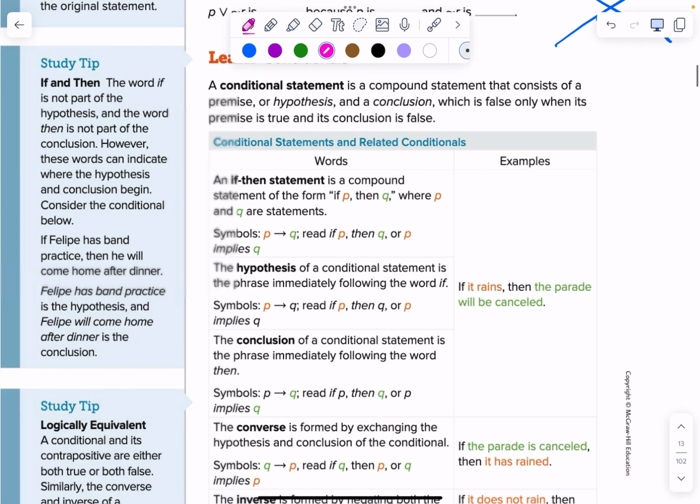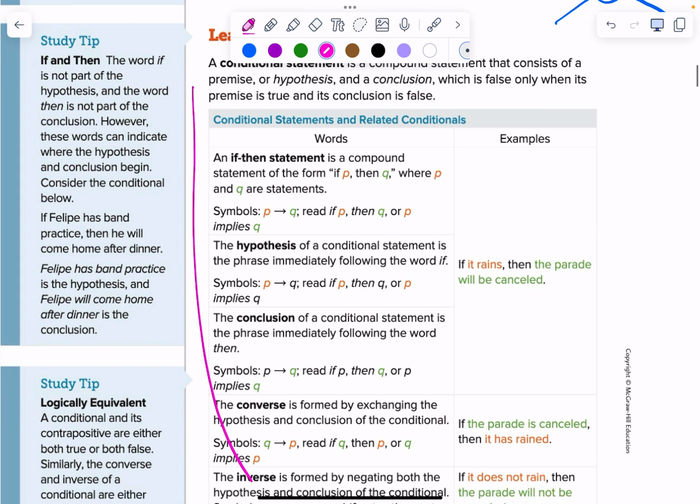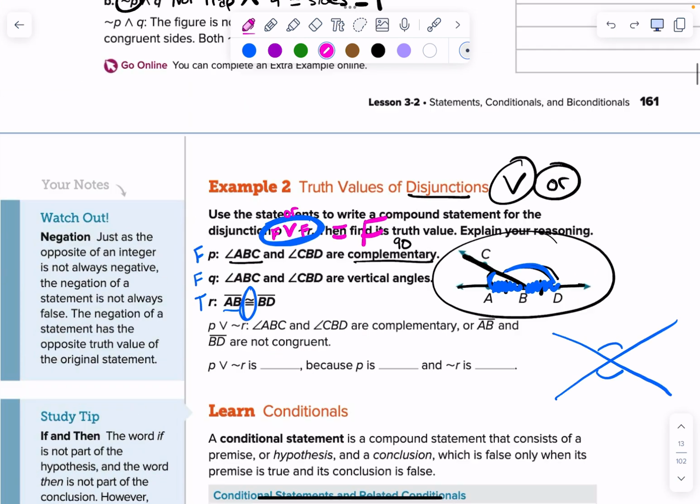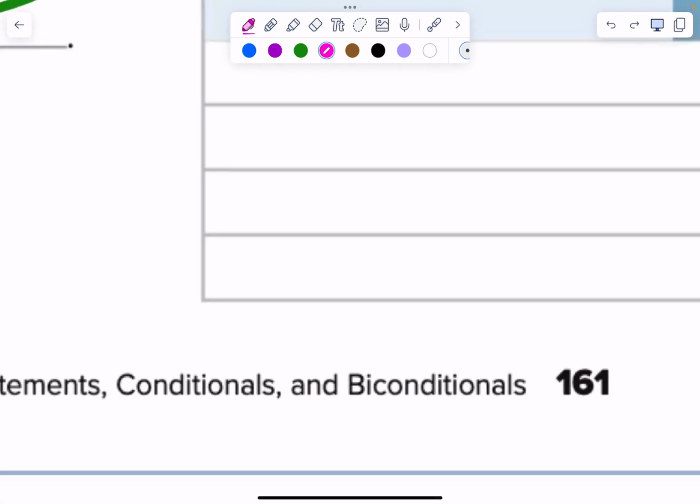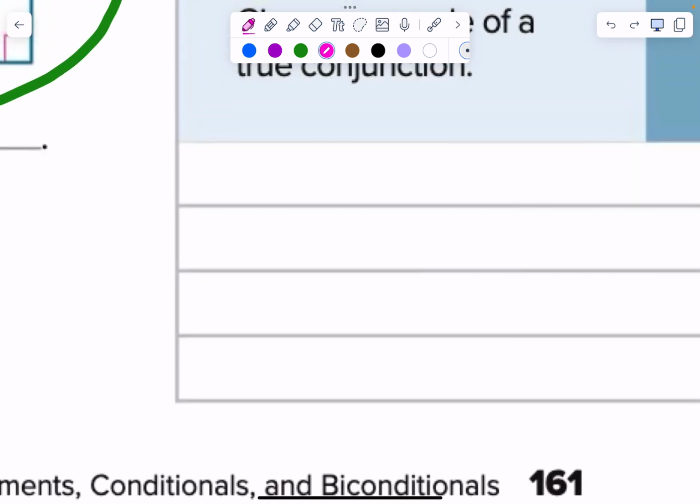Okay, real quick off to the side, before we get to this if-then hypothesis, go back to the bottom corner of the last page where you have some lines.